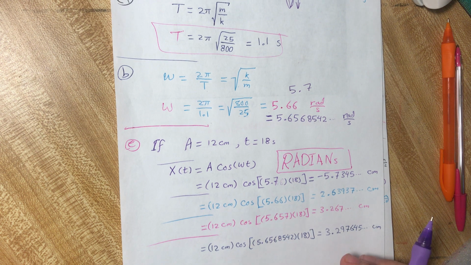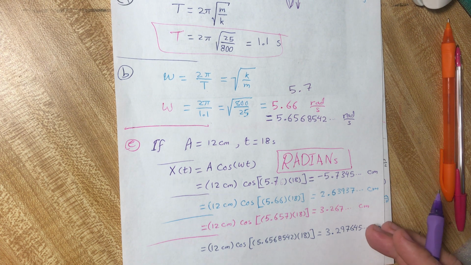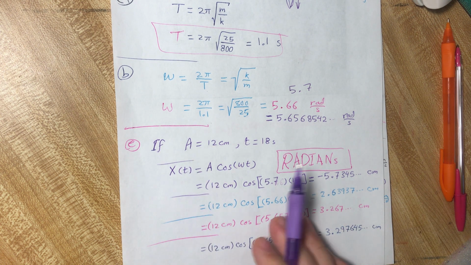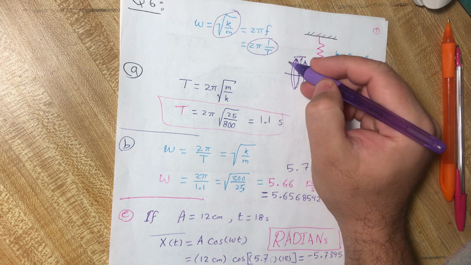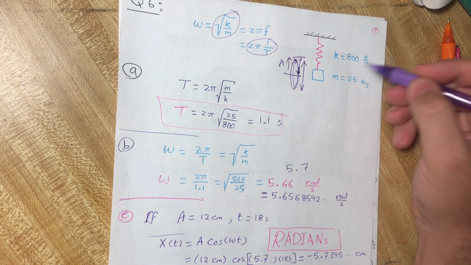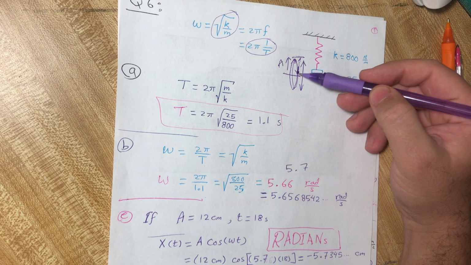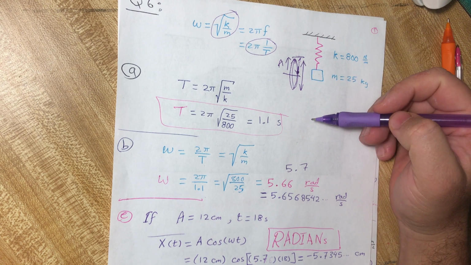Now we need to use the formulas of the position, velocity and acceleration. The amplitude is the maximum distance that the mass moves.